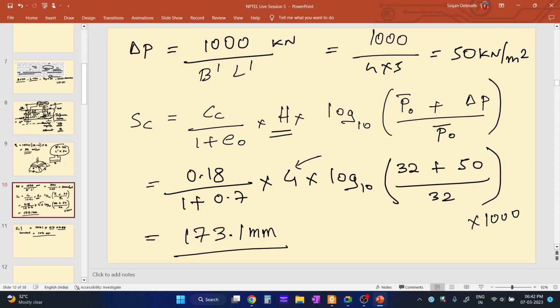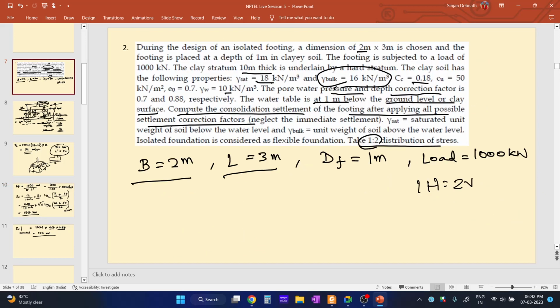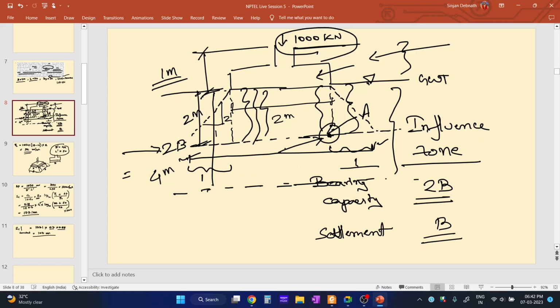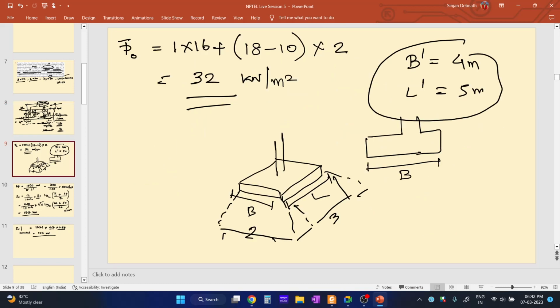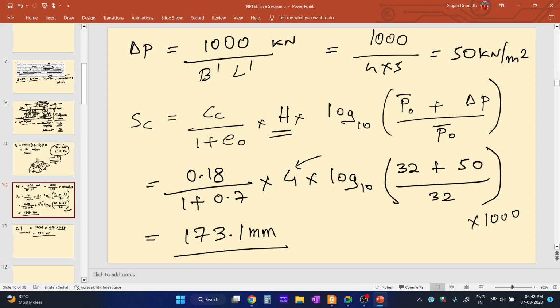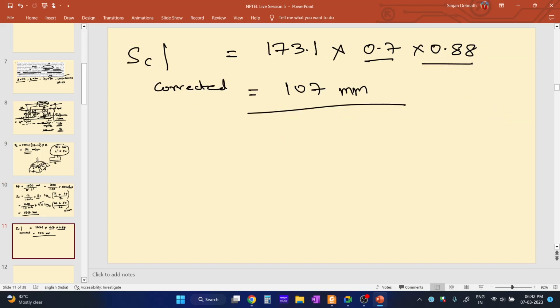The only important thing in this question is how to calculate the additional stress. Actually, you need to just take care of how the stress is distributing along breadth and length. You need to just find out that. The rest is very simple. You need to just use the equation and you will get the answer.